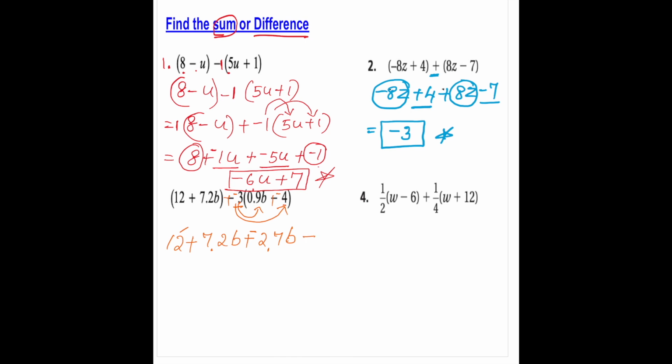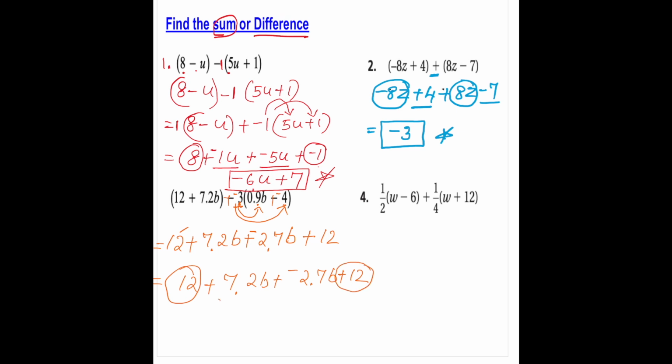And if you multiply negative 3 by negative 4, you get positive 12. So we distributed the number outside, which is negative 3, to each and every term inside. So you get 12 plus 7 and 2/10 of b plus negative 2 and 7/10 of b plus 12. Now let's combine all the like terms.